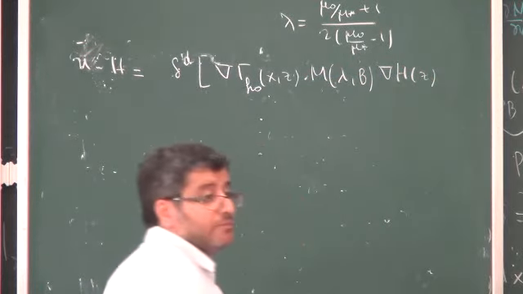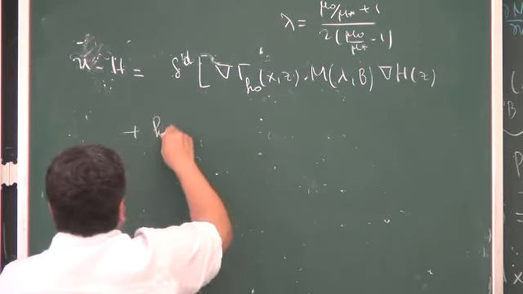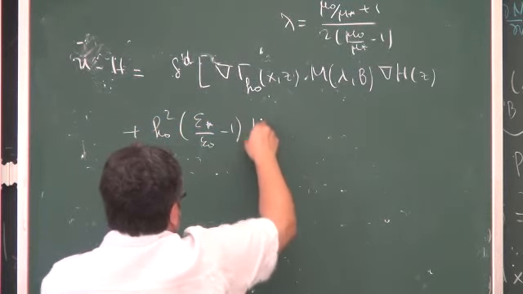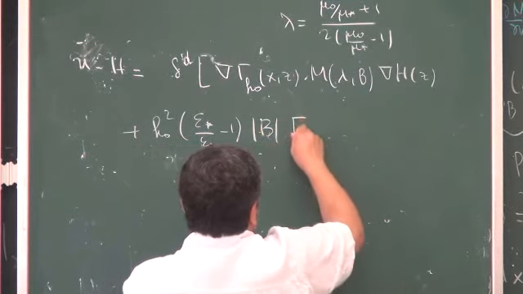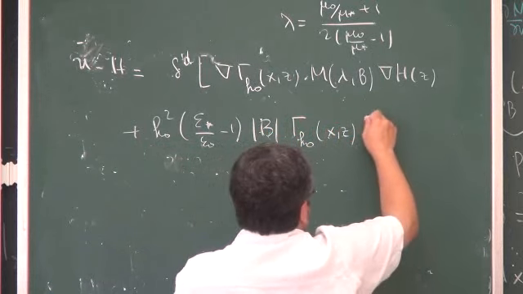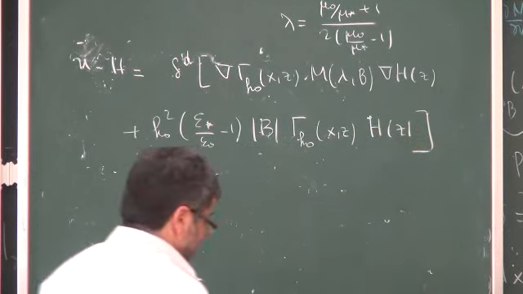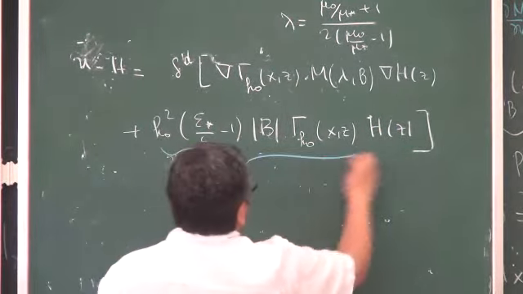This is the magnetic dipole, plus k0 square times epsilon star over epsilon 0 minus 1, times the volume of B, times the fundamental solution at x and z times h at z, and this is the electric point source.